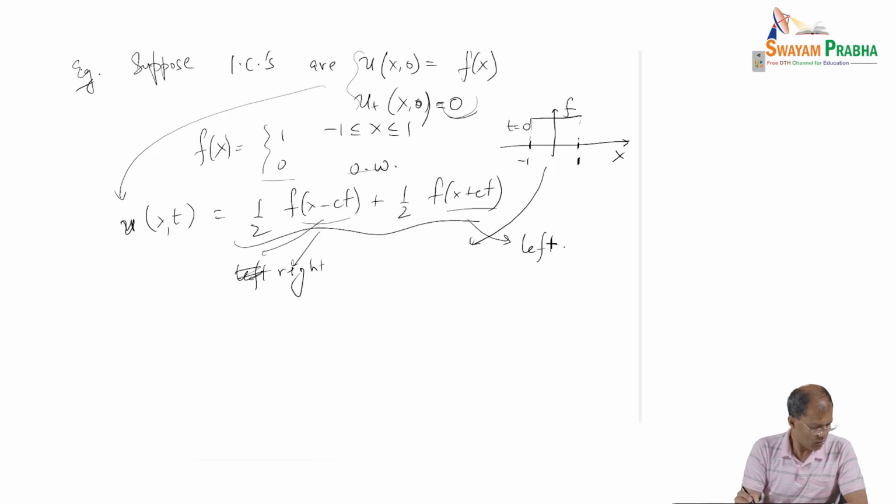Okay, so we see that the solution comes out to be this form, but to get a better idea we can try and draw this solution to see what is happening.